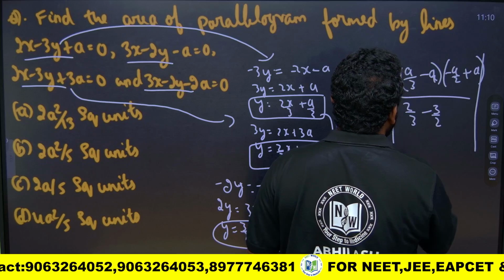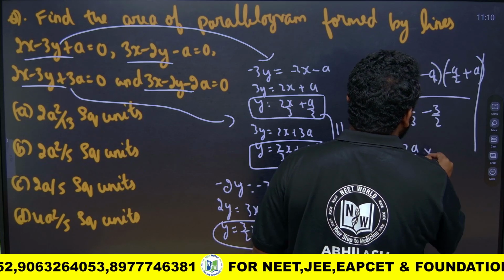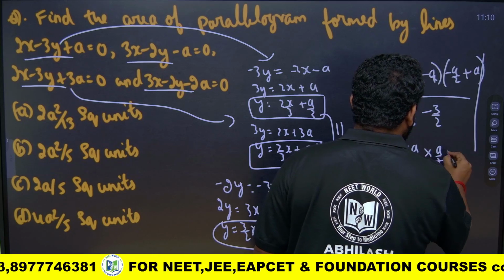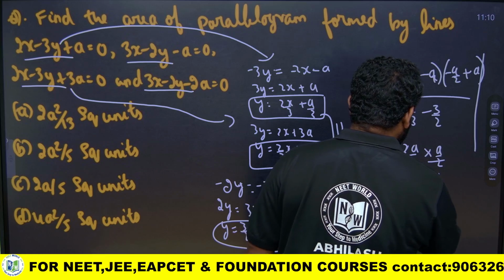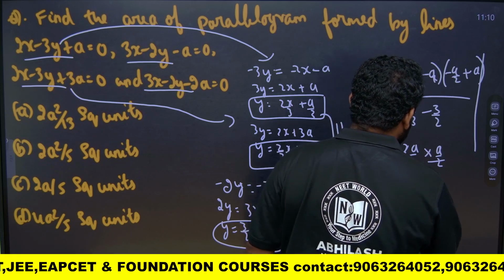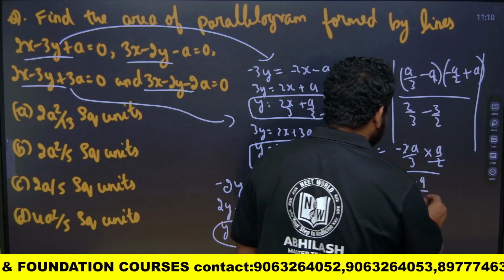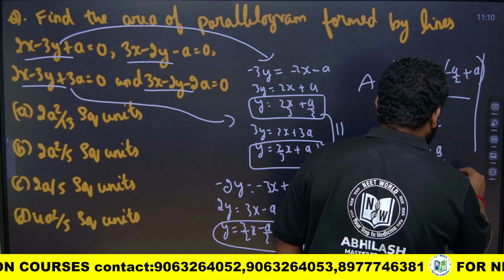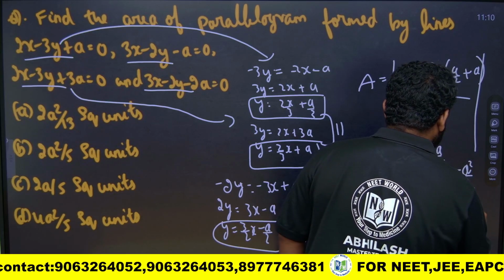Okay, so this will become a by 3 minus 2a by 3 will become minus a by 3. This will become a by 2. Okay, 2 cancels. And the slope difference becomes minus 5 by 6. This will become minus into minus a square by 3 divided by minus 5 by 6.